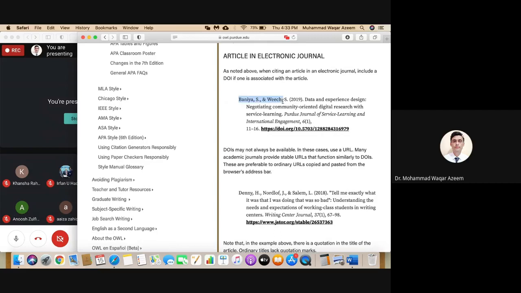You have the author's name, you have the year of publication, you have the title of the article, this is a long title, and then you have the title of the journal, right, this one, and then you have the volume number, then you have the issue number, and then after a comma you have the page range, a period, and then you put the whole URL.